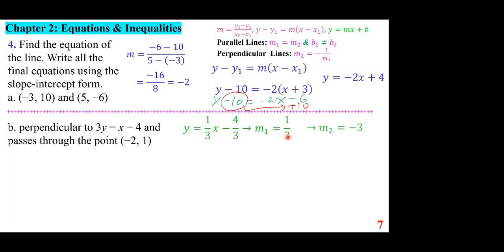Using the point slope form, y minus y1 equals m times x minus x sub 1, we are coming up with the equation of a line. So y minus 1 equals -3 times x minus -2, which makes it +2, right?